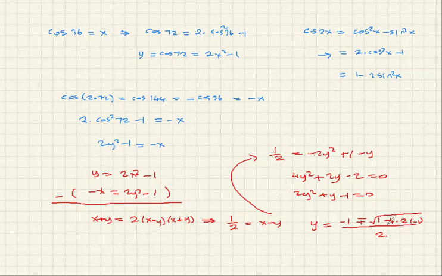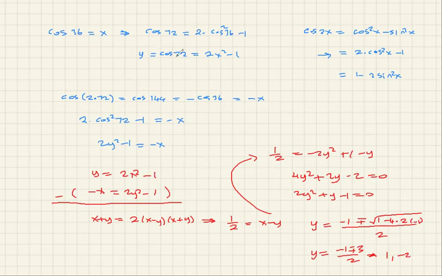But anyway, we got y equals a number, which is going to be root 9, which is 3, which is actually not bad. Because this is going to be 1 plus 8, which is 9, that's going to be 3. So the y value would be -1 plus or minus 3 over 2, which is going to be 2 over 2, which is 1, or -2.